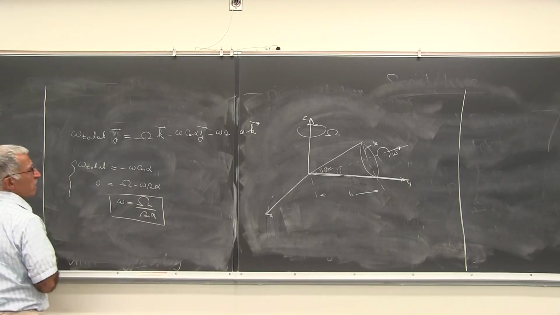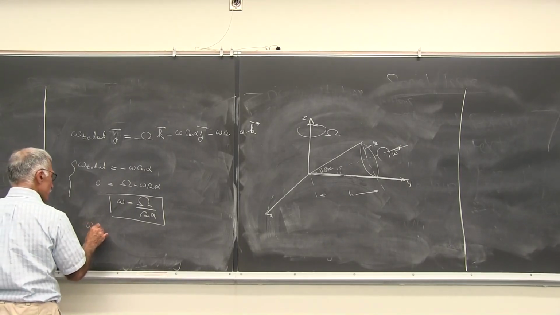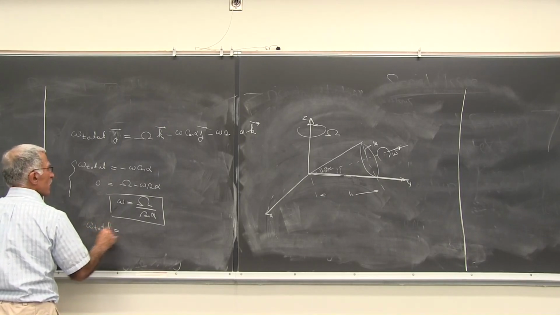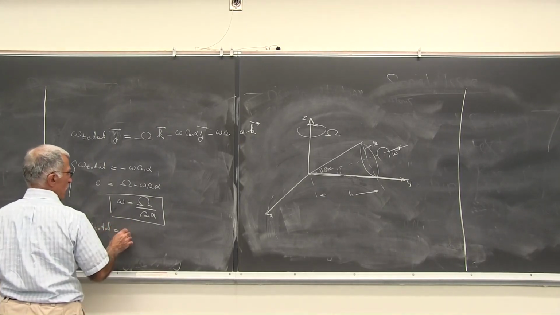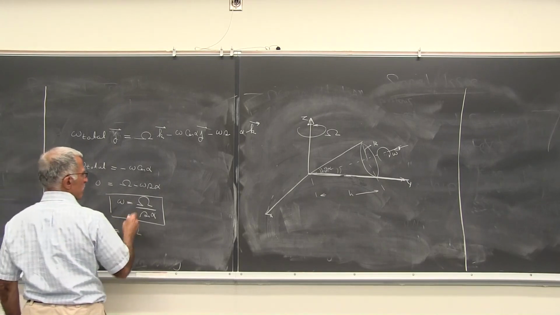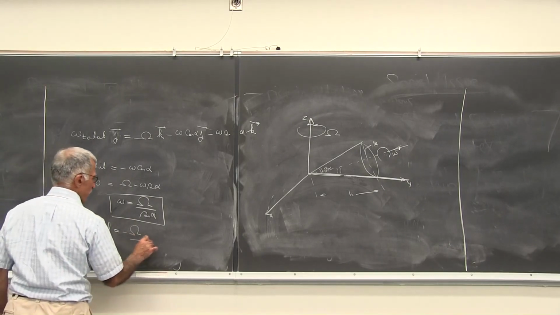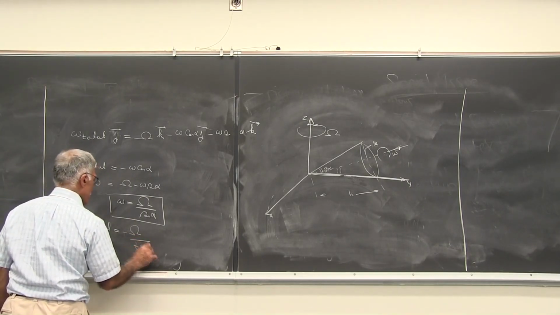And omega total is equal to minus omega divided by tangent alpha.